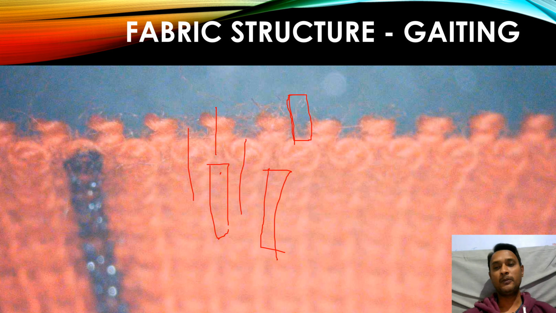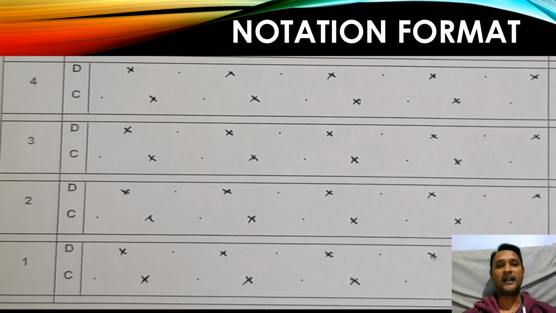So just to make our knit fabric structure analysis a very perfect one, we need to have a notation format before we start our analysis. I have made a notation format by mentioning the cylinder and dial. Wherever this cross is marked, it means there is a needle drop. This is cylinder needle 1, cylinder needle 3. The cylinder needle 2 is dropped.